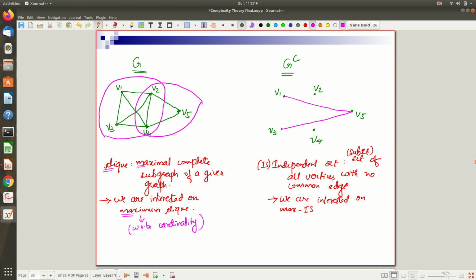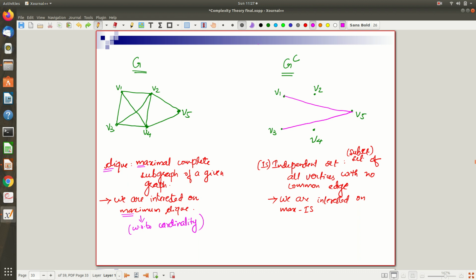Here you can see the subgraph K4, and here you can see the subgraph K3, and both are found to be cliques because they are complete as well as maximal, in the sense none of its superset has that property. Clear? Now what is maximum clique? Maximum clique is the one with the maximum cardinality, so that is only K4. So for the given graph, K4 is going to act as the maximum clique.